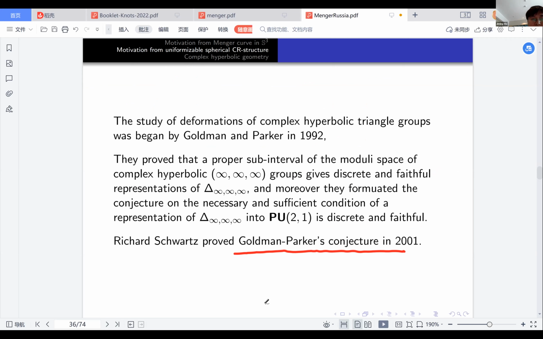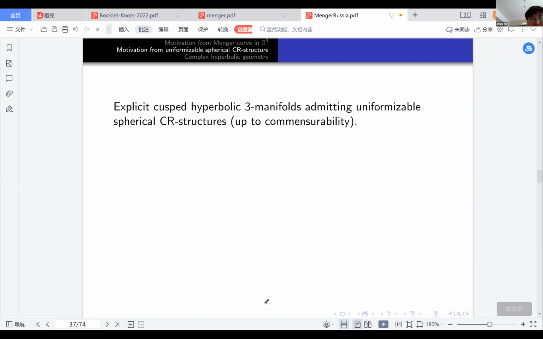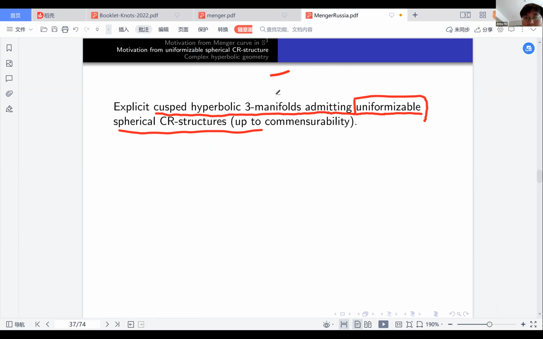Okay, and so we now give some explicit examples of cusped hyperbolic manifolds admitting uniformizable spherical CR structures. So recall that by uniformizable we have this group here, with embedding in PU(2,1), right?